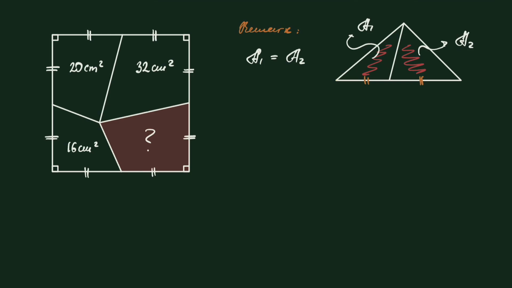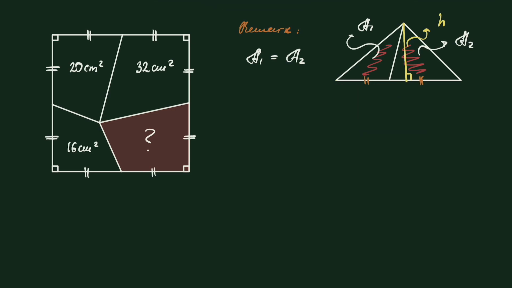It is so because the heights of these two triangles are the same. The height is this, right? This is H, let's say. And obviously these sides are equal, so the area of these two triangles, being just 1/2 times A times H, are equal.